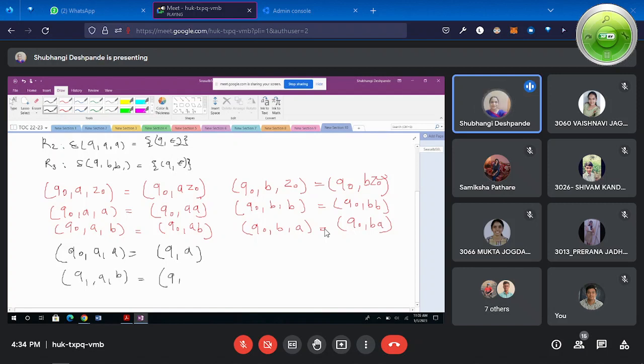So here it is Q1 B. If I am having Q0 B B onto the stack, and which is followed by A, so we will have Q1 B.